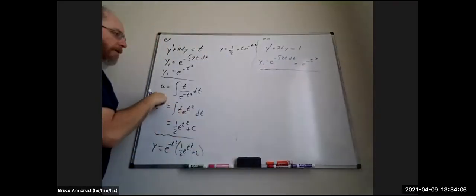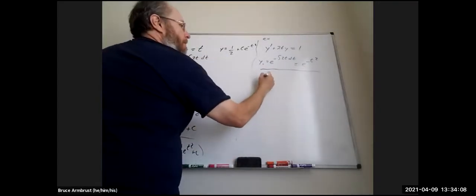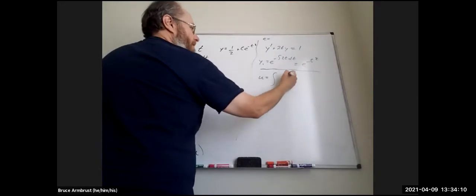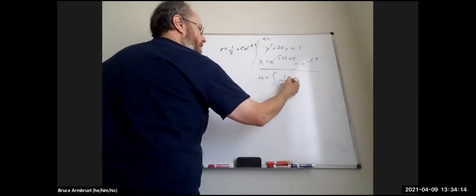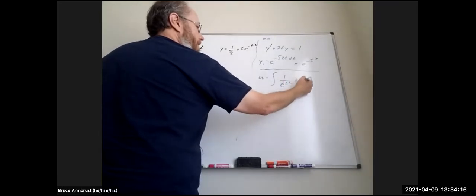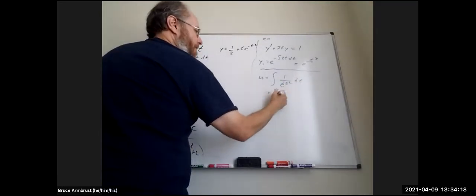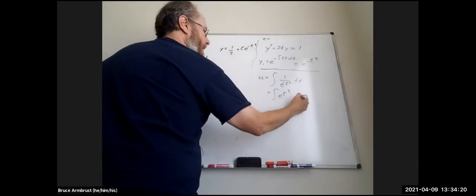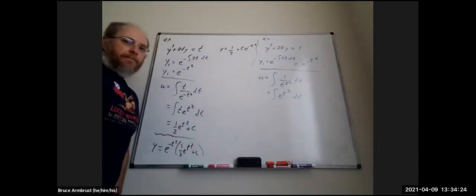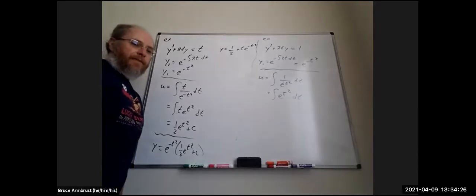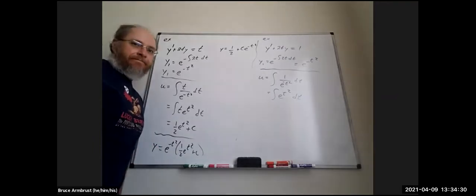So then let's go get our u. So u in this case is now going to be the integral of 1 over e to the minus t squared dt, which is the integral of e to the t squared. And this is when you should go, uh oh.